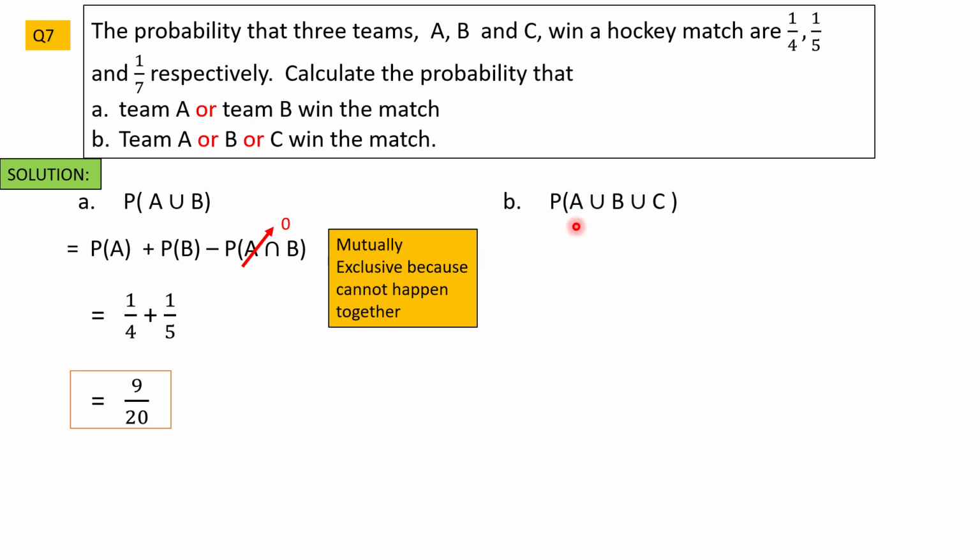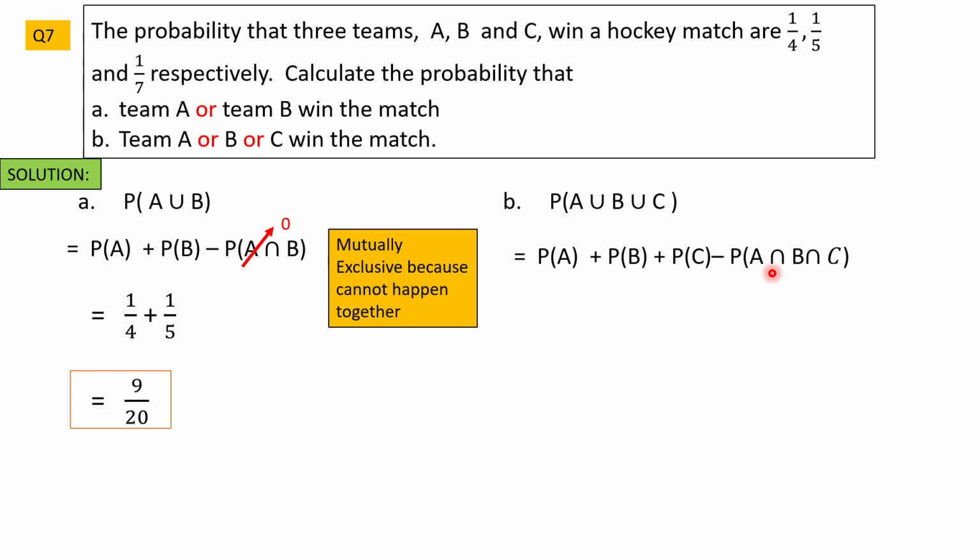Question B. Probability team A or team B or team C wins the match. Again the word or. Therefore you can replace the word or with the symbol union, and the formula will be probability A plus probability B plus probability C, then minus the probability of the intersection between A, B and C. Again, team A, B and C cannot win at the same time.